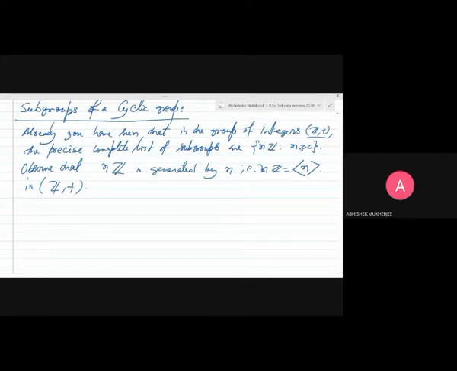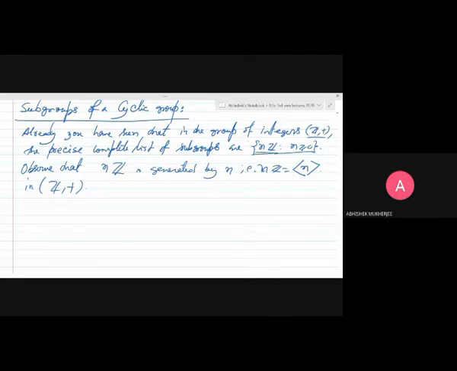Although we have not yet used this fact while proving this, that these are the subgroups of Z plus. We have used only the division algorithm of Z plus, right?